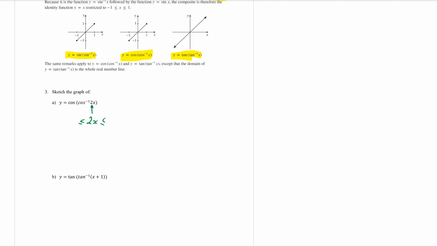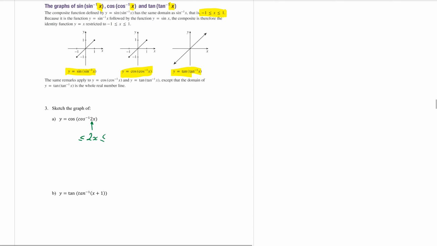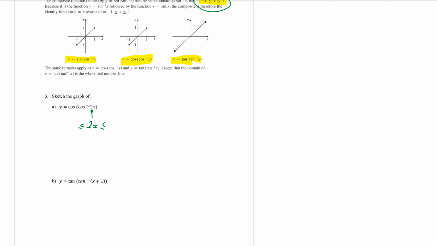Okay, now our domain is normally for cos and sine is between -1 and 1, which is why I highlighted that up here because we're going to be using that a lot for these types of questions. So the 2x must be between -1 and 1. Now I want to get rid of the 2 just so x is by itself. So I divide everything through by 2, which means between -1/2 and 1/2.